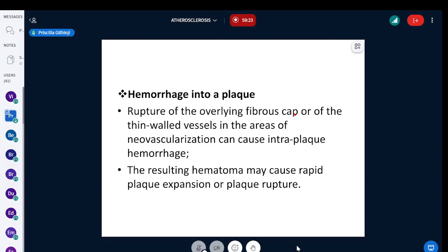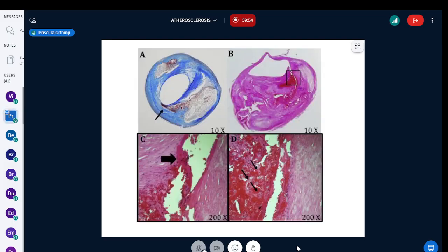Or we've said that in this plaque, you still have formation of blood vessels, and these blood vessels can also rupture. So you have hemorrhage within the plaque itself. So you end up having expansion. If blood is accumulating within this atheroma, then it will expand, and eventually it can occlude the blood vessel, or that expansion can lead to further rupture that has the detrimental effects that we have discussed.